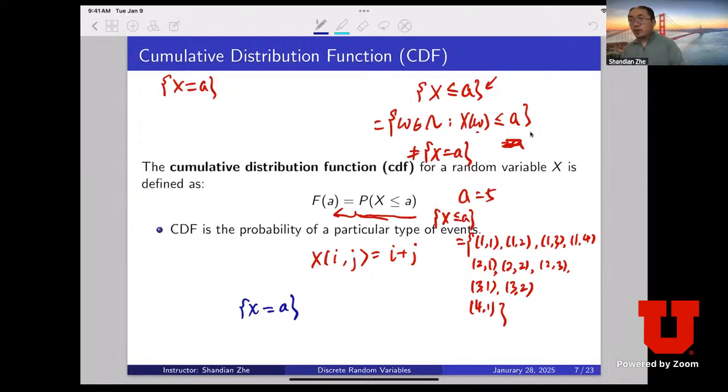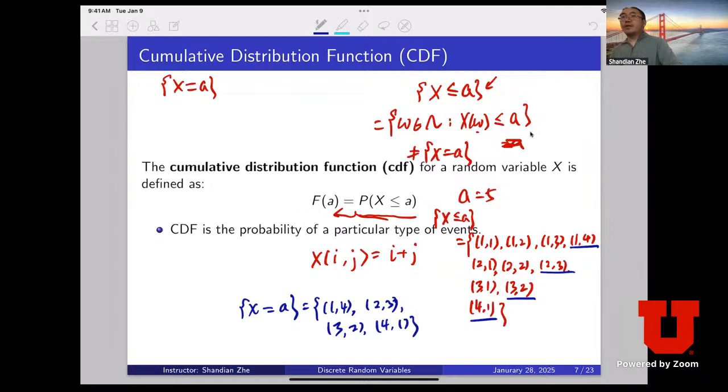If you look at it, it's actually contained in X less than or equal to 5. You can circle them out: (1,4), (2,3), (3,2), and (4,1). So you can see this event, X equals 5, actually is a subset of the event X less than or equal to 5. Okay.